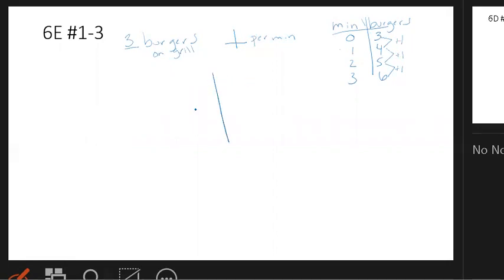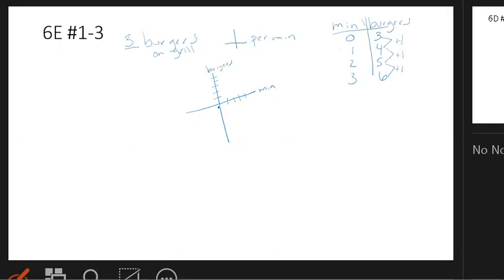So if we plotted these, I don't know why I cannot write straight up and down, but here we go. At 0 minutes, so this would be minutes, and this would be burgers.